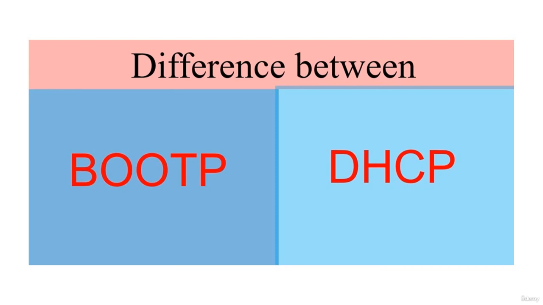Now, the main advantage of DHCP compared to BootP is that DHCP does not require that the DHCP server be configured with all MAC addresses of all clients. DHCP defines a process by which the DHCP server knows the IP subnet in which the DHCP client resides, and it can then assign an IP address from a pool of valid IP addresses in that subnet.